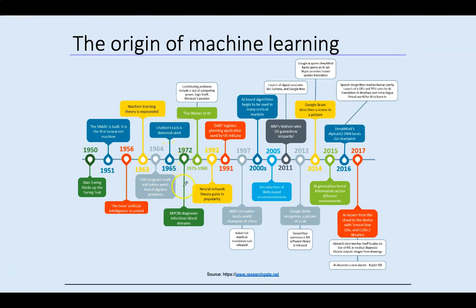In 1972, MYCIN diagnosed infectious blood diseases using a model created with machine learning. In the five years from 1975 to 1980, there was a lack of computing power. It was a winter of AI because so many things didn't happen due to the lack of processing power.